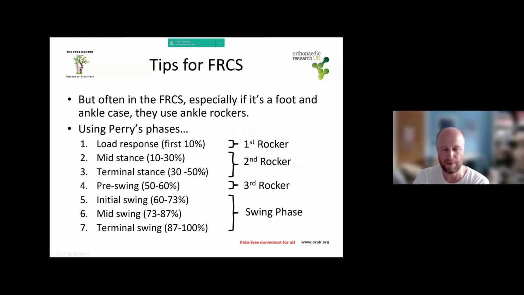This is your foot flat to the ground with your tibia advancing over the top, so your ankle is dorsiflexing, eccentric contraction of gastrocnemius. And then your third rocker, pre-swing, which is your ankle plantar flexion, concentric contraction of gastrocnemius or elastic recoil, but I'd probably just stick to concentric contraction. And then swing phase, initial, mid, and terminal, just split into thirds. So this is how a lot of non-gait analysis orthopods will talk about things.